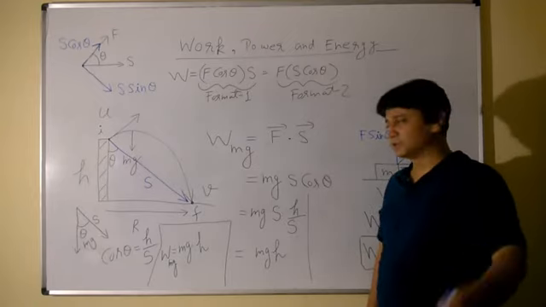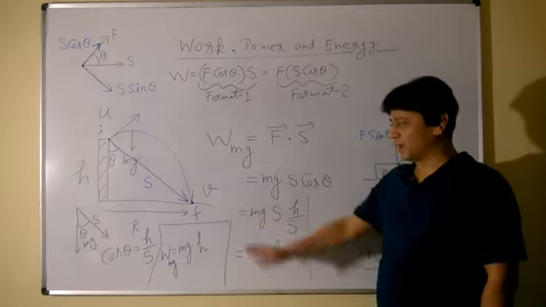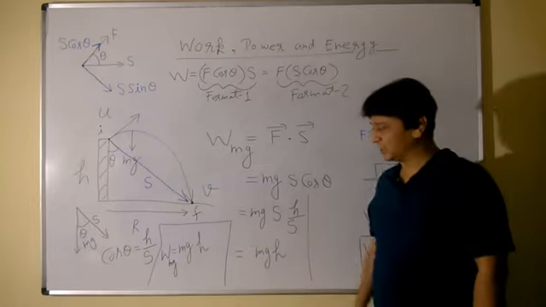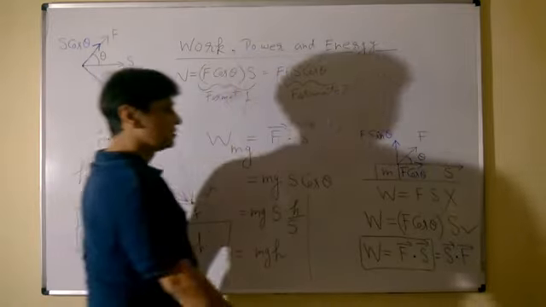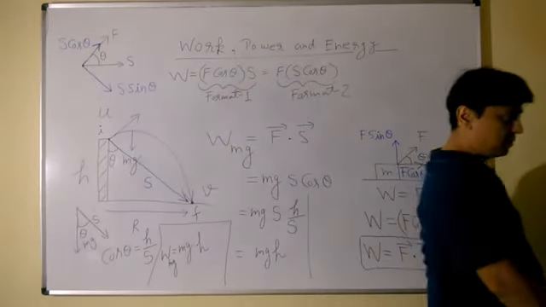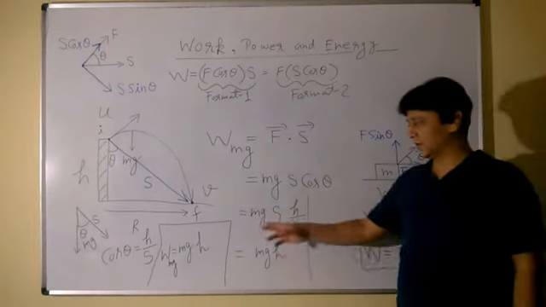And in the next line, simply write down this. Wmg therefore is mgh. Wmg is therefore mg multiplied by h. Like this.